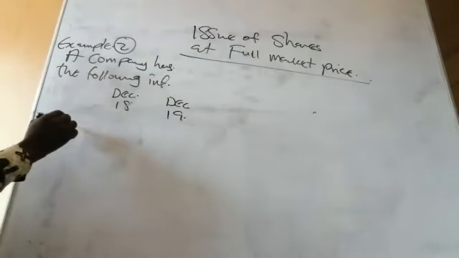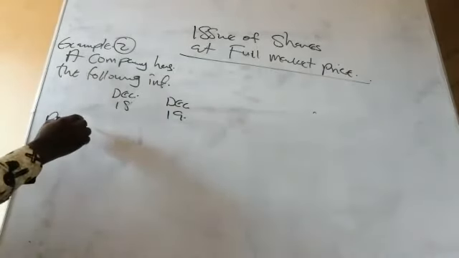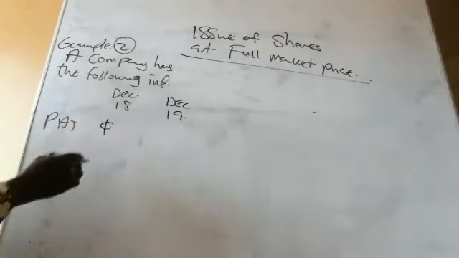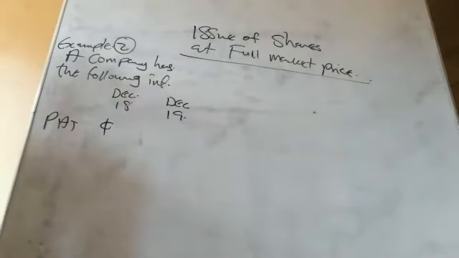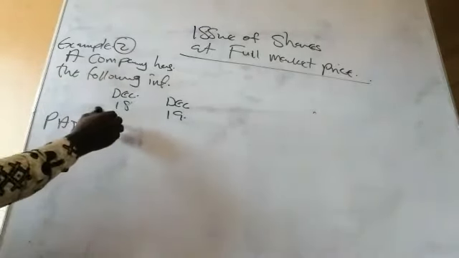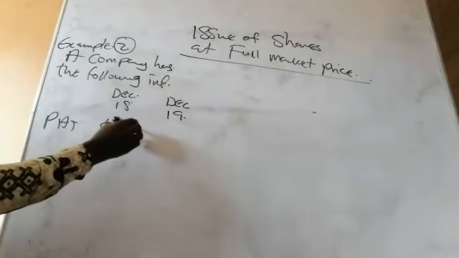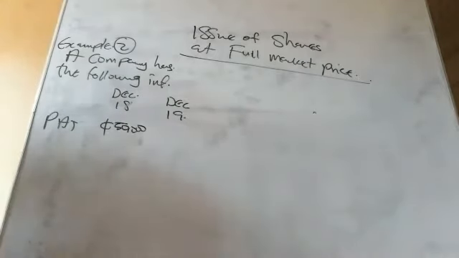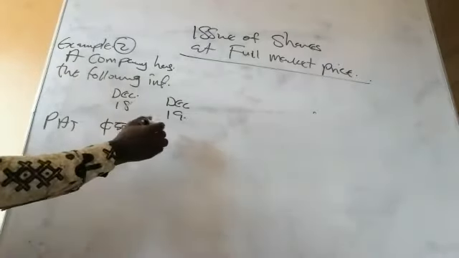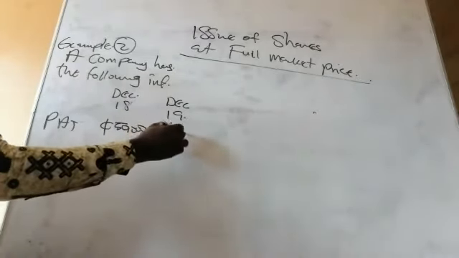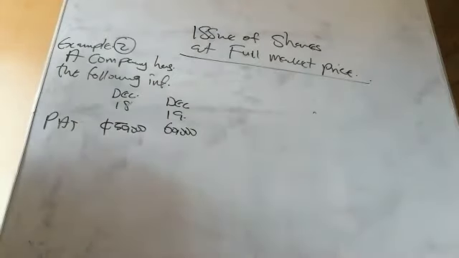Profit after tax, in Ghana cedis: 50,000 cedis for 2018, and 60,000 Ghana cedis for 2019.